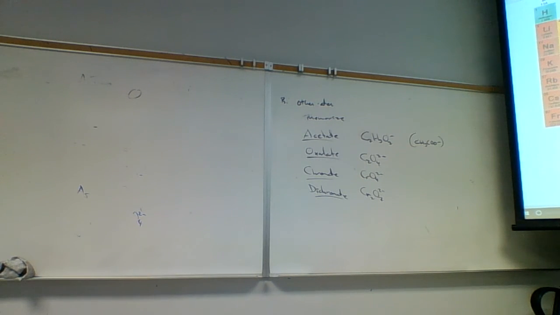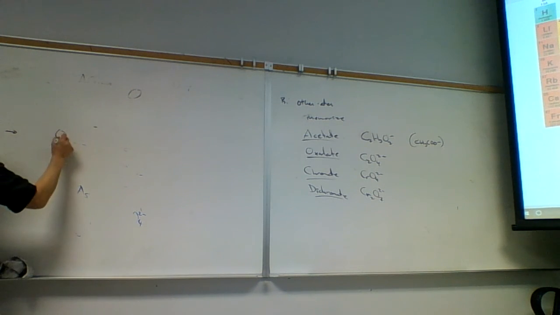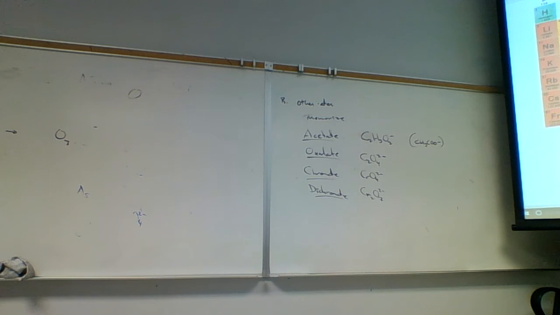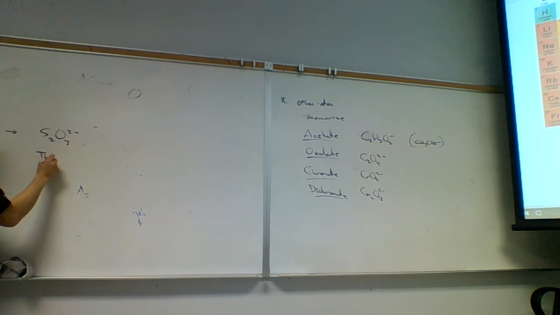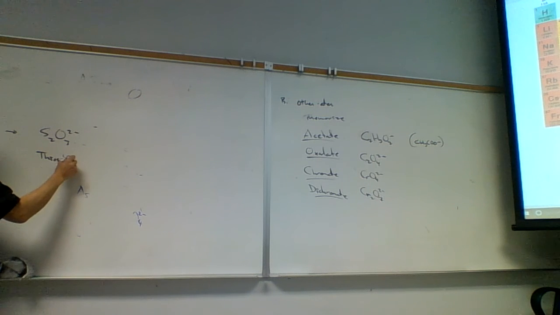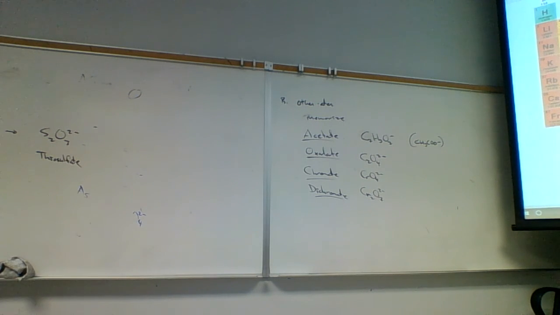We know sulfate is SO4, 2 minus. Let's remove one oxygen. How many oxygens do we have left over? 3. And then add a sulfur. If we remove an oxygen and add a sulfur, how many sulfurs do we have? 2. And then we have the same charge, 2 minus. So this is called thiosulfate ion.